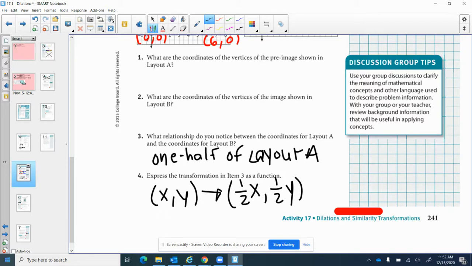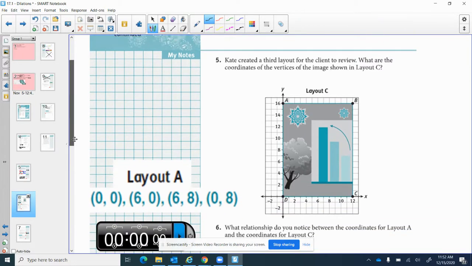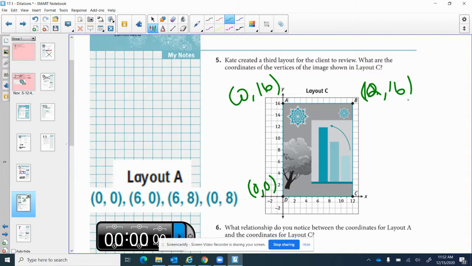Now, moving on with this idea, we also have example C. And what we notice about example C is that these are even bigger now than they originally were in layout A. So layout A is listed to the left. These are now at 0, 0, 0, 16, 12, 16, and 12, 0.